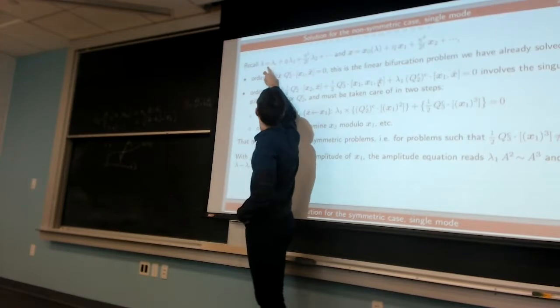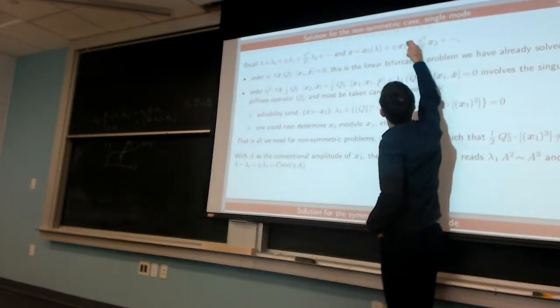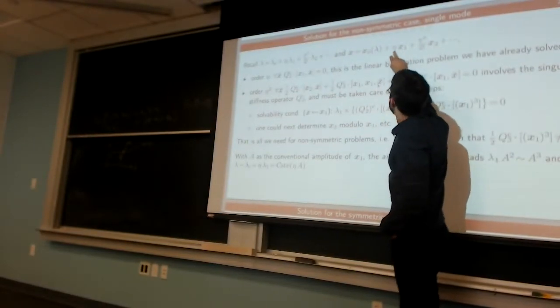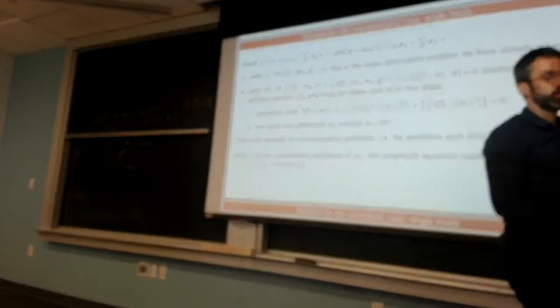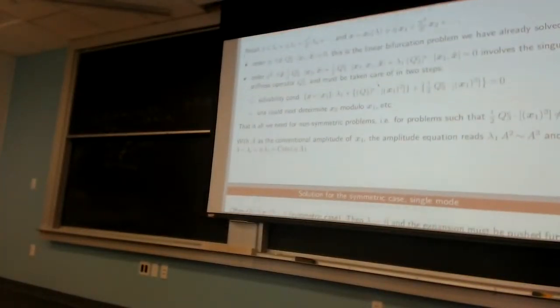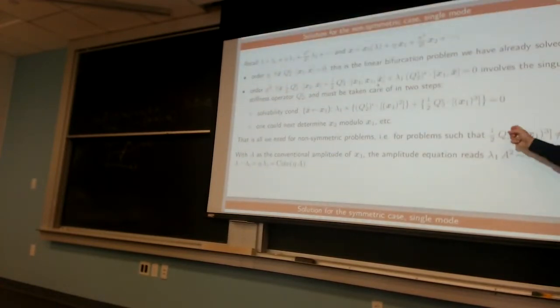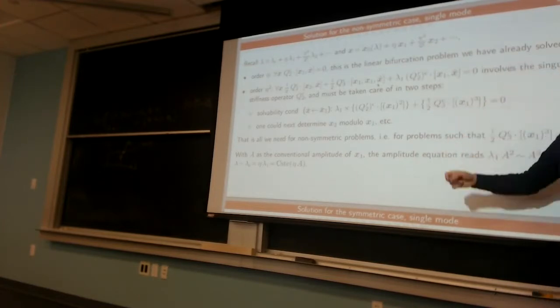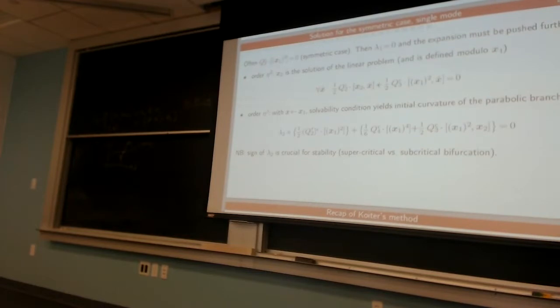Okay, so that's not very good because then you still have the start of the expansion here because you know x1, but you don't know what eta is and how it's connected to the real load. So you need to go further. And so that's what we call the symmetric case, where by definition the symmetric case is when this thing evaluates to 0, and again that's a case which arises often in practice.